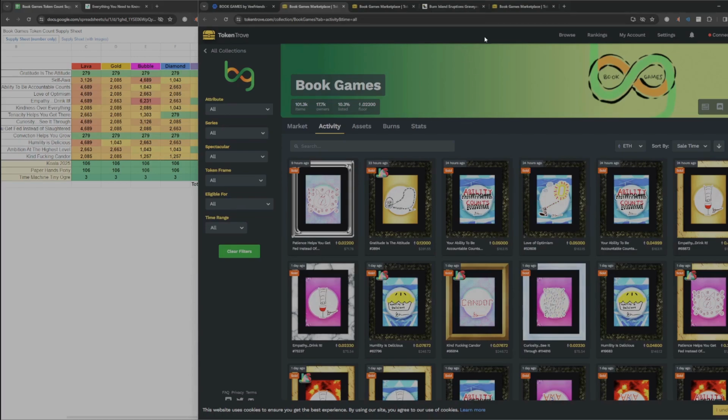the activity tab. Now this is why this channel is called Book Games Spectator. As a market participant, similarly to trading, it's one thing to engage with trading from the perspective of a paper trading account, right?